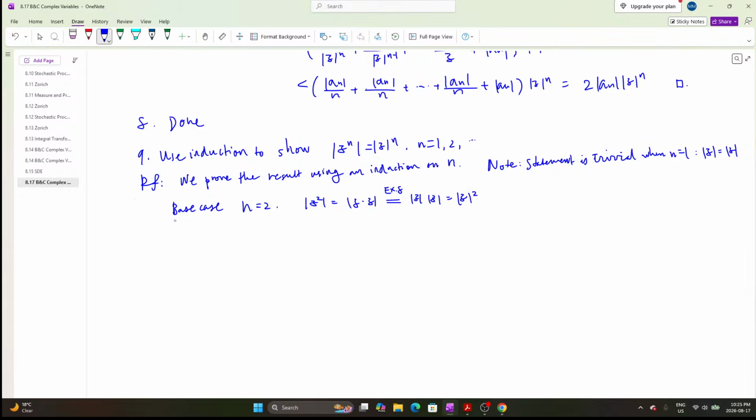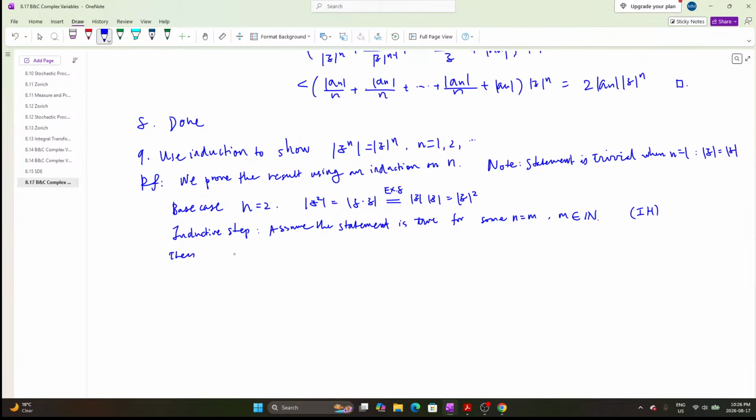Okay, so that's the base case, and the inductive step is as follows. Let's assume the statement is true for some n equals m, where m is a natural number. So this is our induction hypothesis, IH.